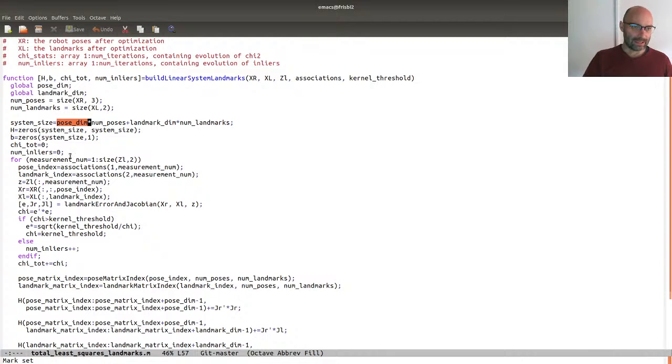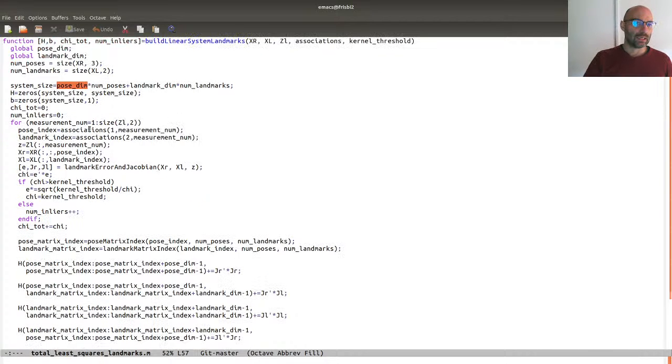We resize and zero H and B, and then for each measurement we have to go based on the associations. We have to go to the state and pick up the right components, which are the components that appear in the association vector. So we have to pick up the pose index, so it's 1, 2, 3, the number of the pose, and the landmark index.